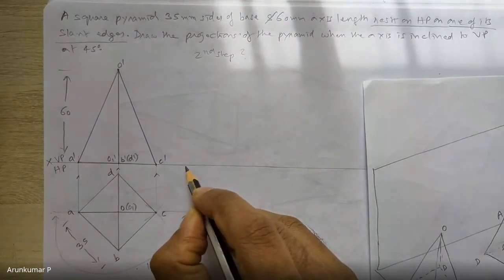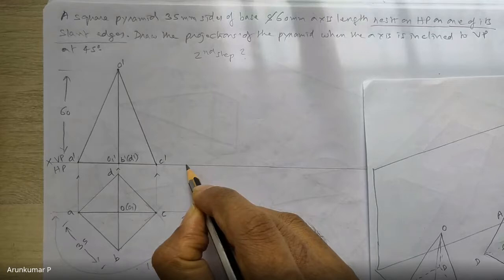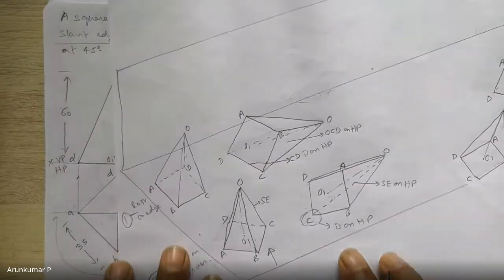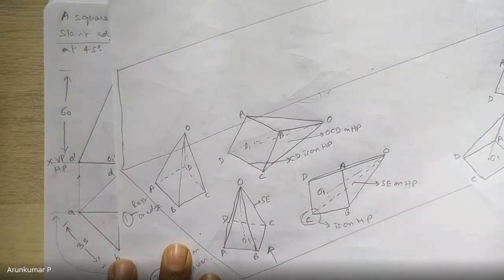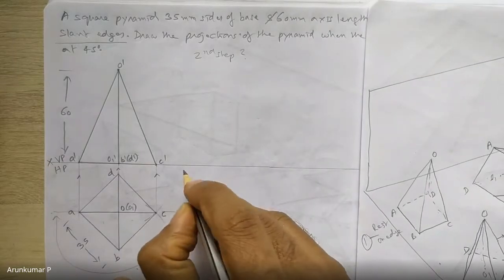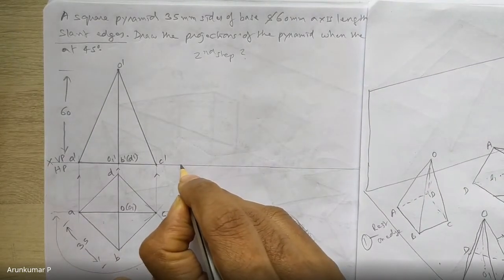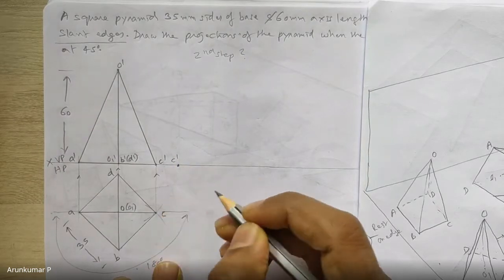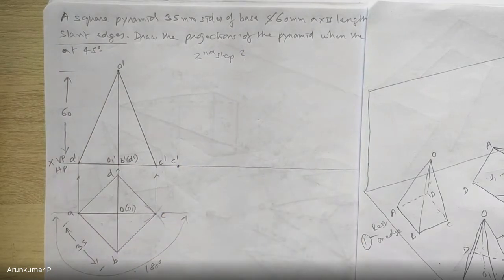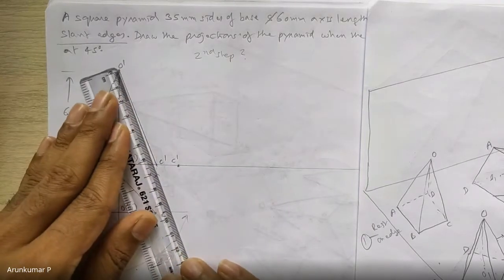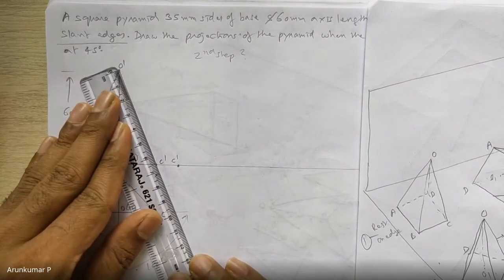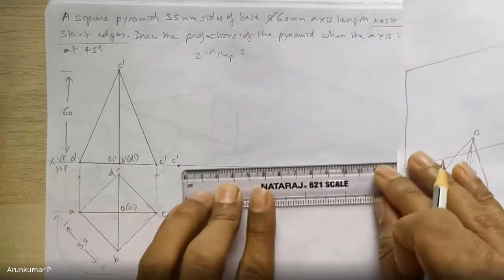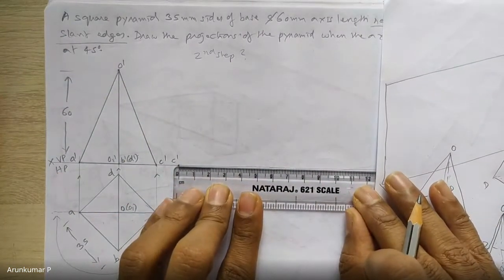Please observe. I'll start with C dash because as you can see here, C is on the left, O is on the right. So I'll start with C dash, leaving some distance, some 10-15 mm. And then I'm going to locate O dash. So I'll measure this, it is around 65 mm. You can use the rounder also.